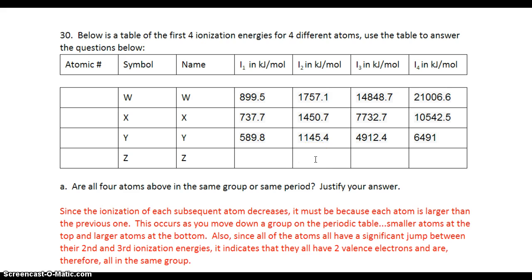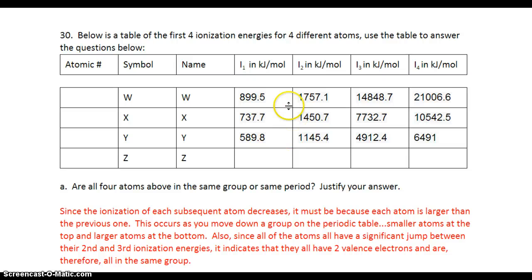So if you remember that ionization energy is the amount of energy required to remove an electron, that means it's easier to remove these electrons as you move from one atom to another, from W to X to Y, as you move down that column. So that way we know that these atoms must be in the same group, because these atoms must be getting smaller as you move down the vertical group or column.